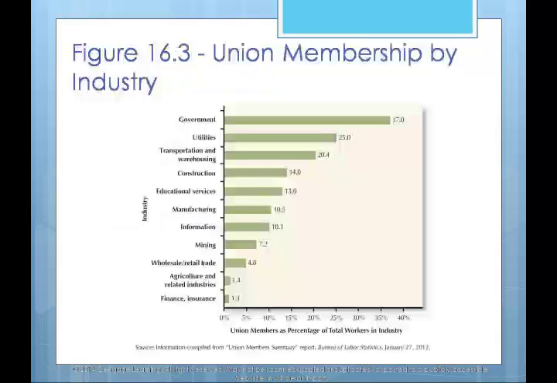This is a great chart because it talks about membership by industry, and you can see our government is predominantly unionized, 37%. Then you've got utilities, and if you look at the bottom, agriculture and financial, insurance, low, wholesale, retail, trade. I will tell you that that is a target of late.